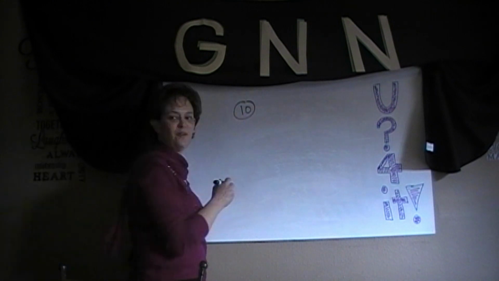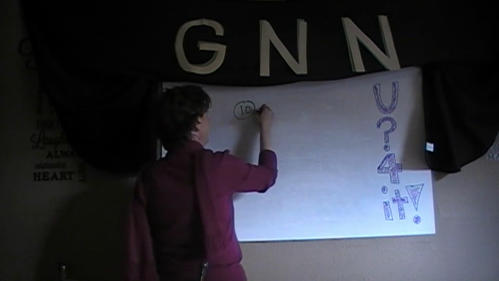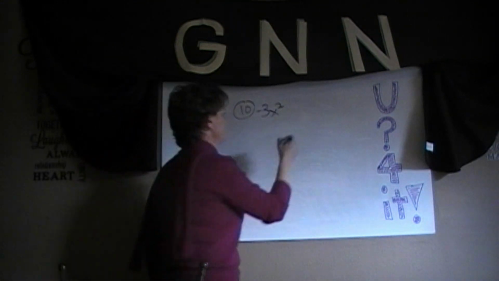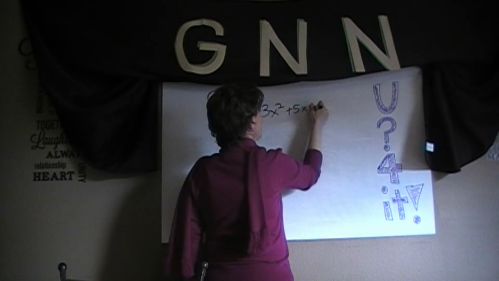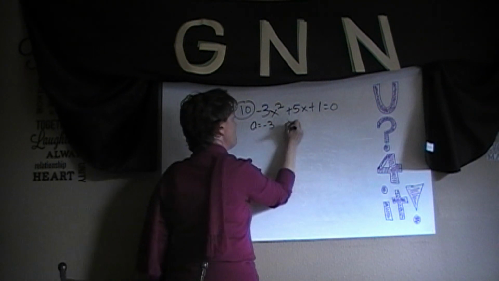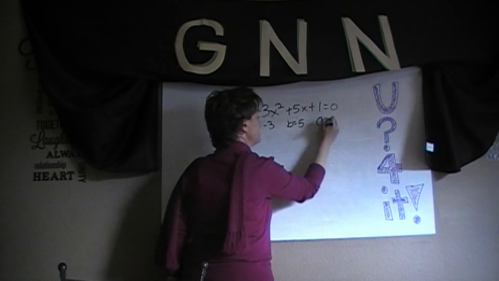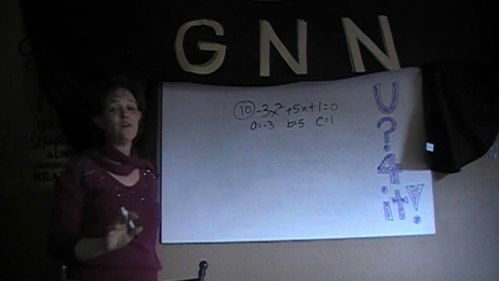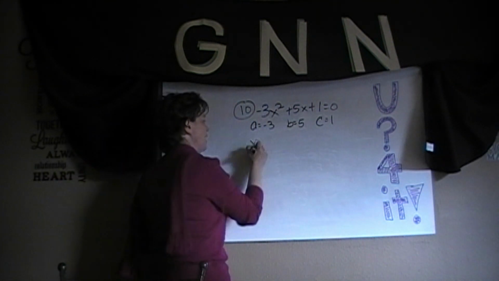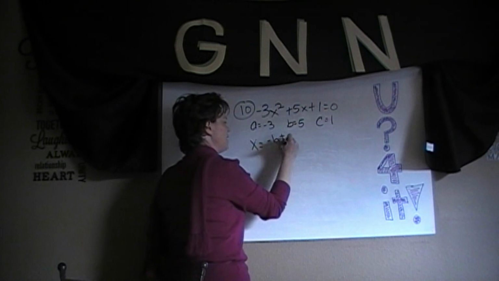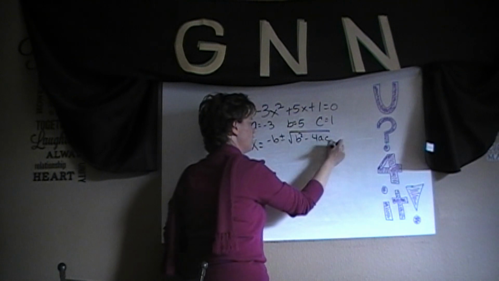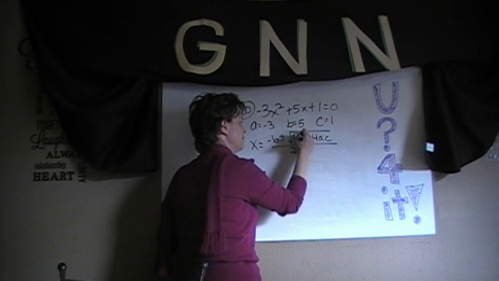All right, for 10 you have negative 3x squared plus 5x plus 1 equals 0. Now, a is equal to negative 3, b is equal to 5, and c is equal to 1. Now, if you're solving, you'll need to use the quadratic formula. So, x equals negative b plus or minus the square root of b squared minus 4ac all over 2a.